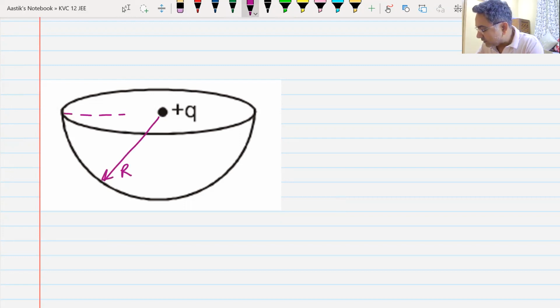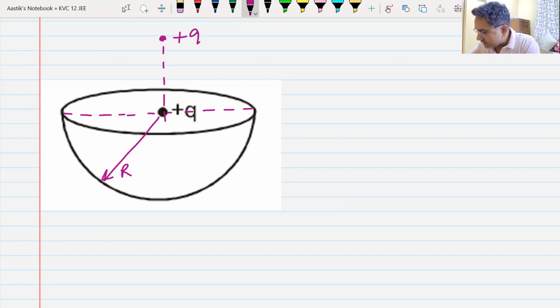As you can see, this is the hemisphere whose radius is r. Open hemisphere. When I place the charge at the center, I know the flux to the curved part is q by 2 epsilon naught. We got this answer, yes or no?